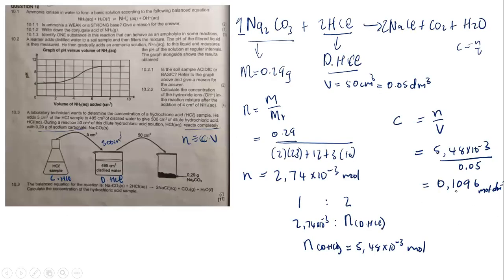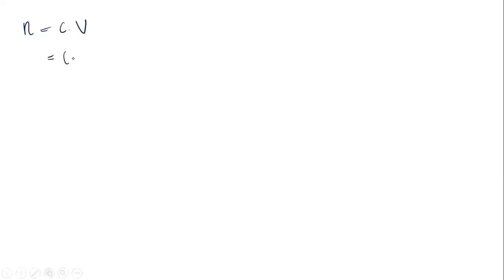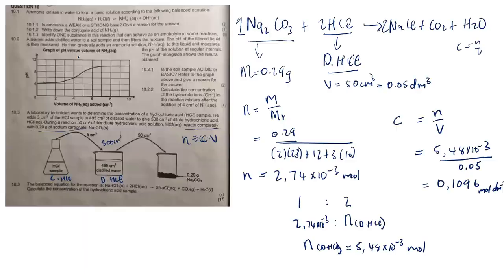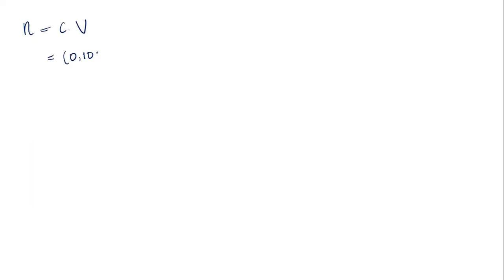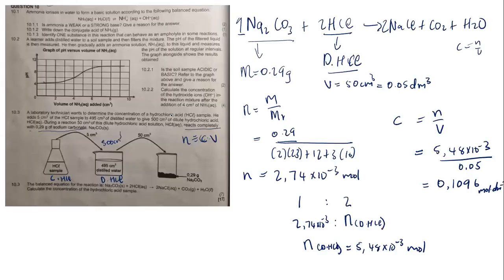So that means my number of moles is equal to C multiplied by V. My concentration was 0,1096, and my volume in this solution is 500 cubic centimeter. So I'm going to convert this 500 cubic centimeter into cubic decimeter.